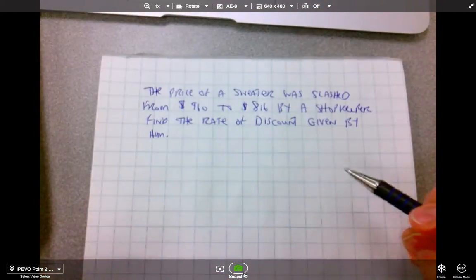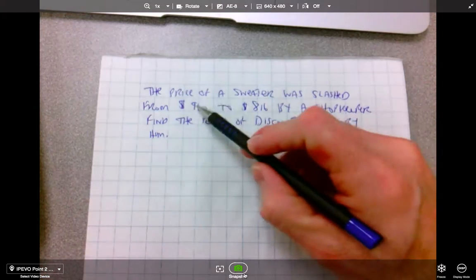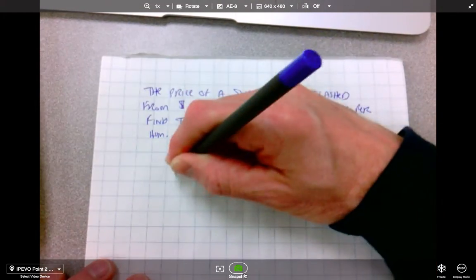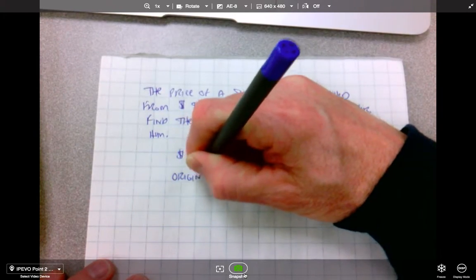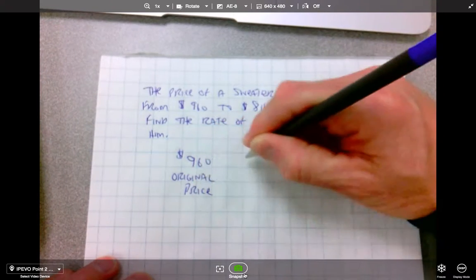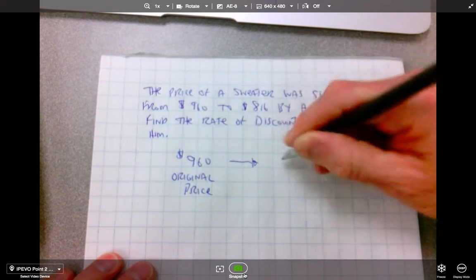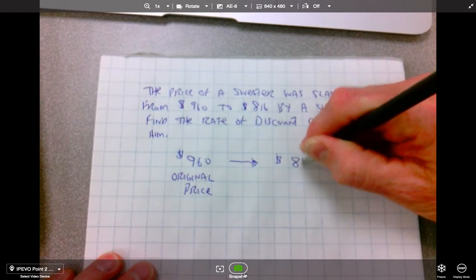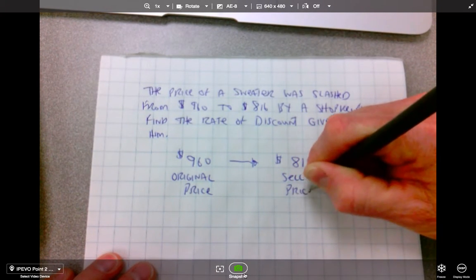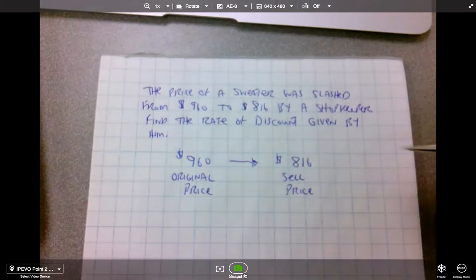Okay, so really what we're looking at is the original price was $960. So that's the original price. And it has been reduced down to $816. So this is the sell price, or the discount price, right?